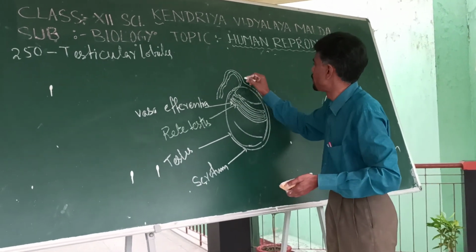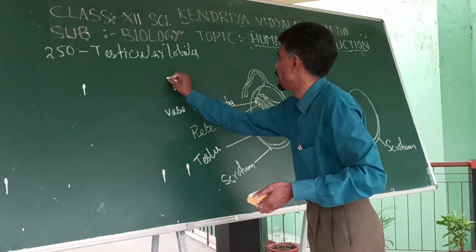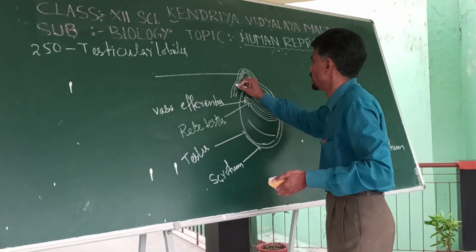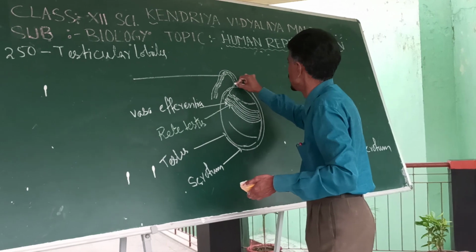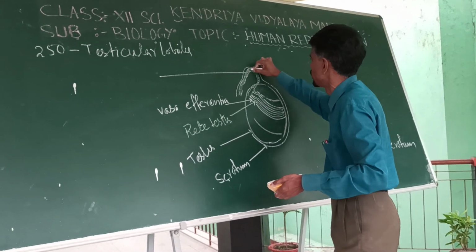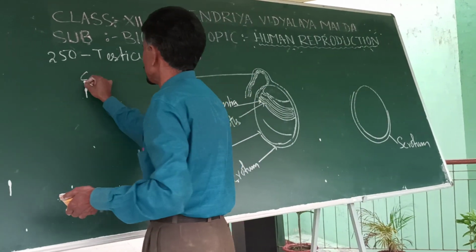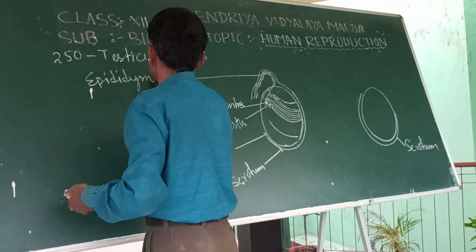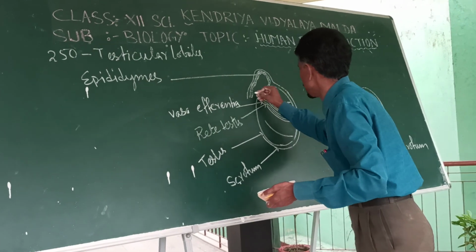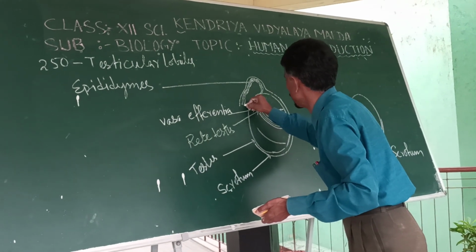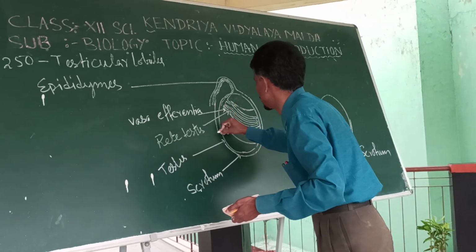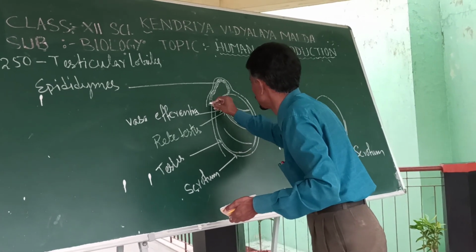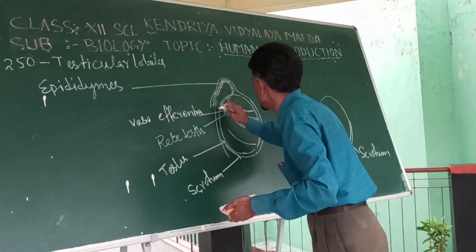This is called epididymis. This tubular structure is the epididymis. Now the epididymis descends down and outside the testis.